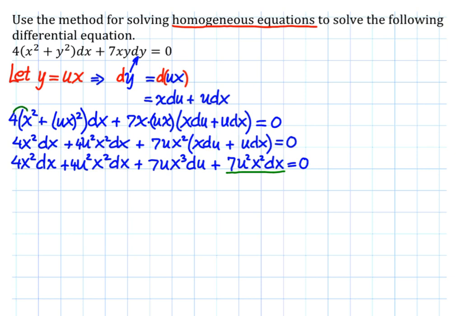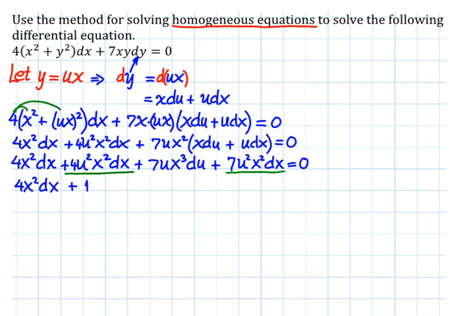We should distribute the 4. So that's what we have. We still have 7u squared x squared dx, and here 4u squared x squared dx. Combine that into one term.